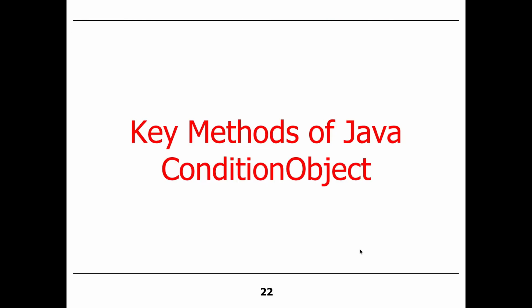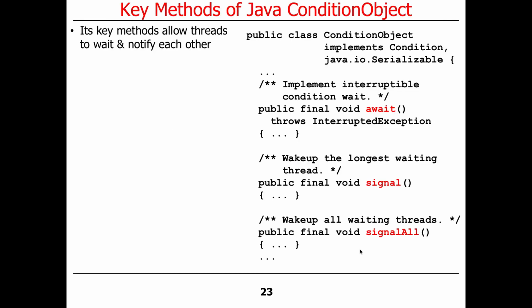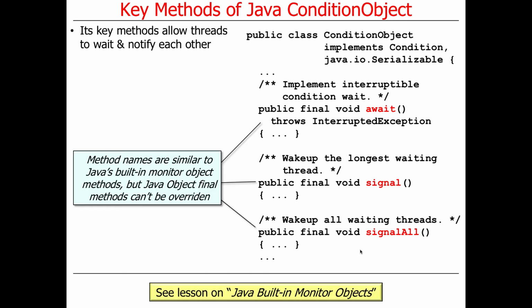So let's talk first about some of the key methods of Java ConditionObject. These key methods basically allow threads to wait and notify on each other, so they can coordinate their interactions. That's what these methods do. Interestingly enough, the method names are quite similar to the methods defined in Java Object. Remember, Java Object has wait, notify, notify all.